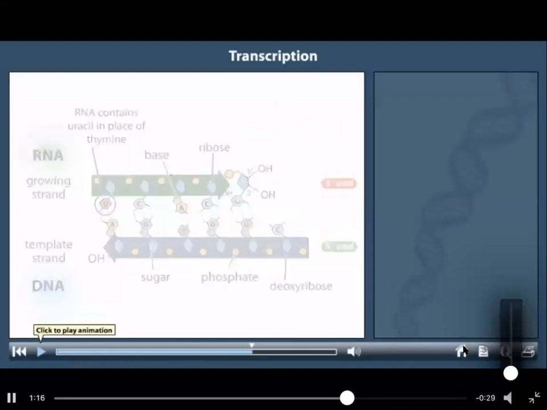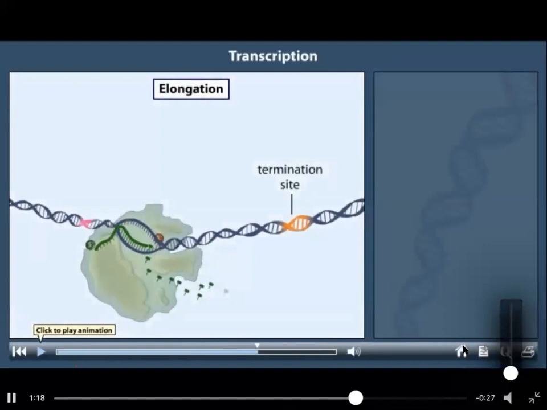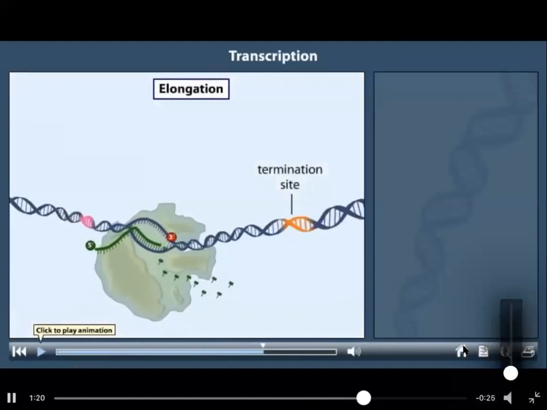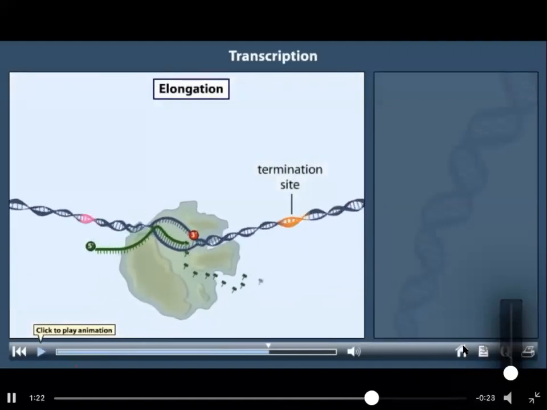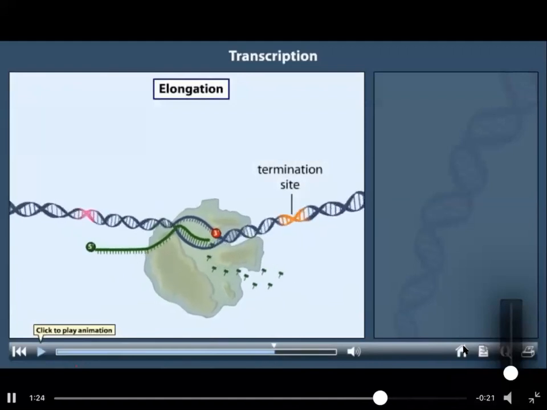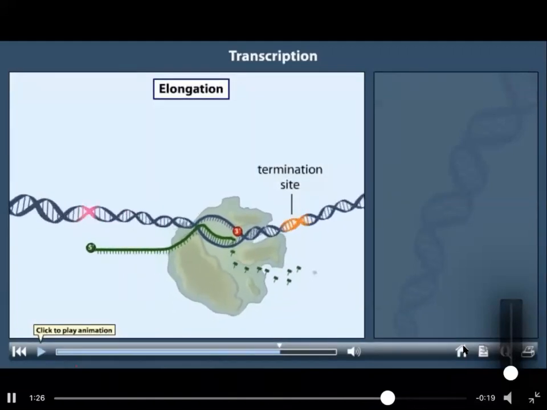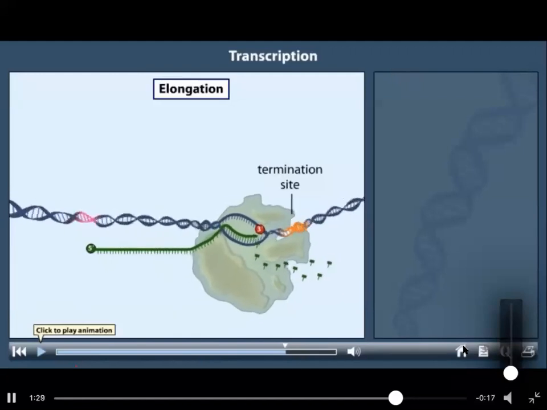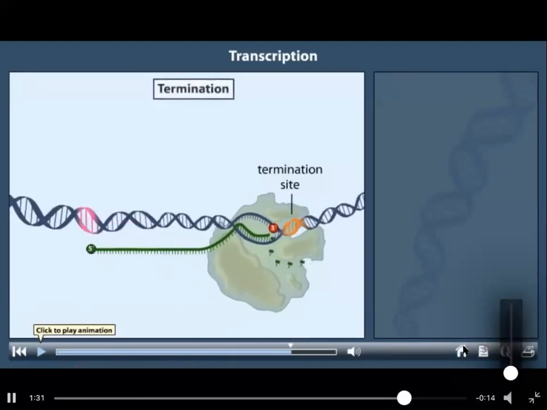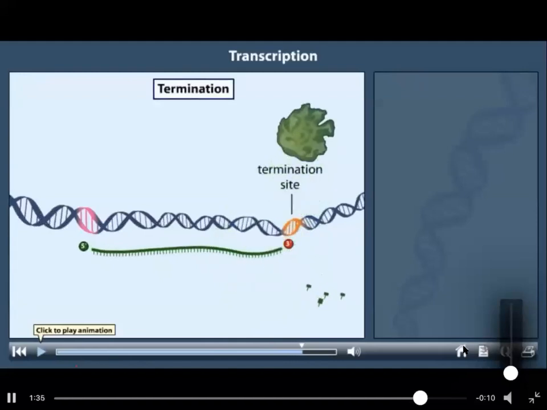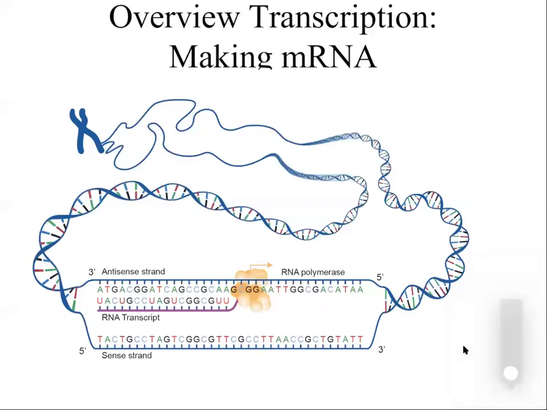And that's going to keep on continuing until that RNA polymerase, which is kind of that green blob in our picture here, runs into a termination site. So in a moment, you'll see it hits the termination site, and now that RNA is going to actually come off and be available for use.